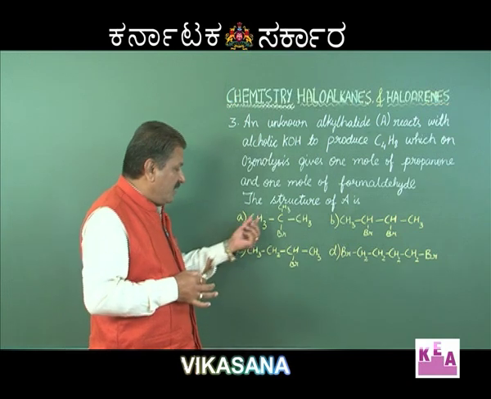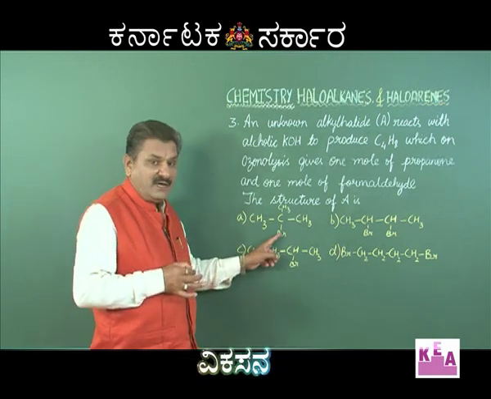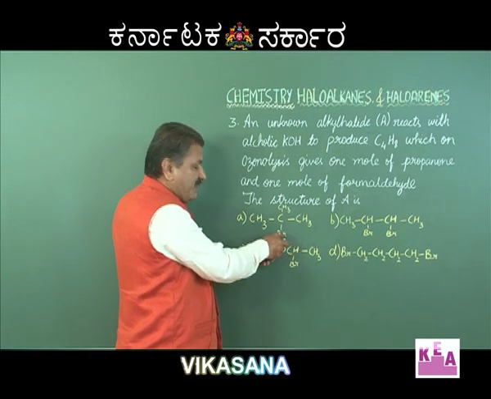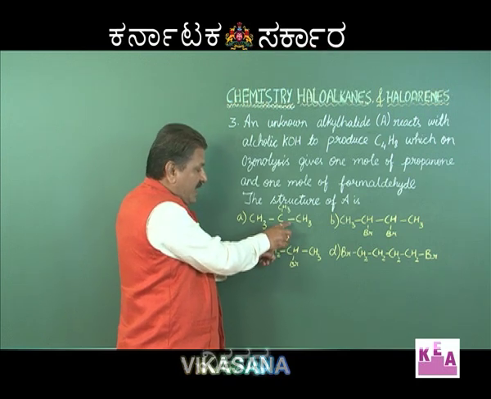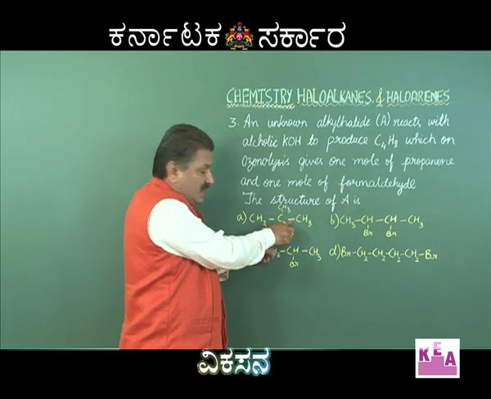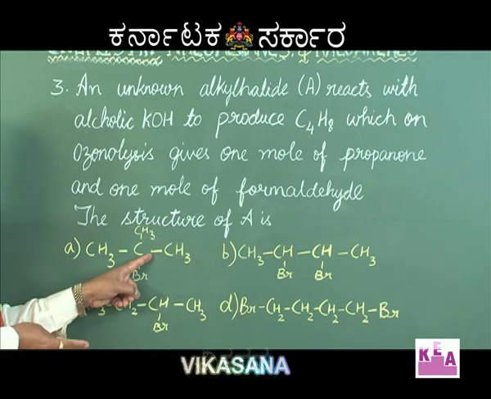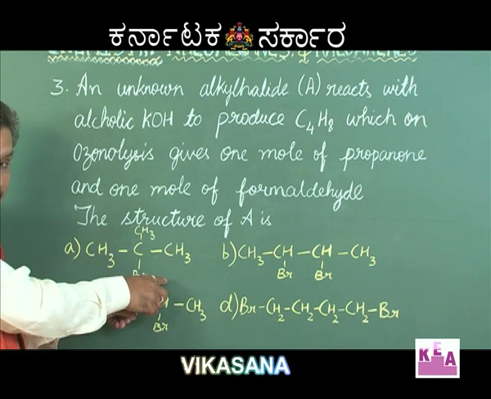Let us restrict to the first option. If this is heated with alcoholic KOH, this H and this Br get eliminated as HBr and an alkene is formed here. This alkene on ozonolysis first reacts with ozone to form an ozonide.